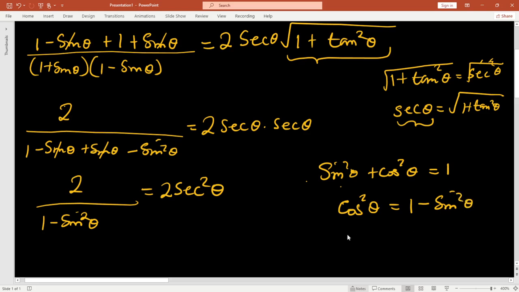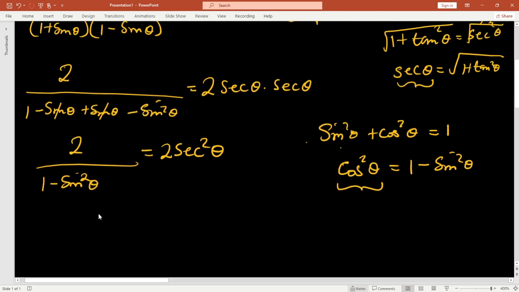So where we have 1 minus sine squared theta, we can just substitute with cos squared theta. So here we do the same thing. We're going to have 2 divided by cos squared theta equal to 2 sec squared theta.